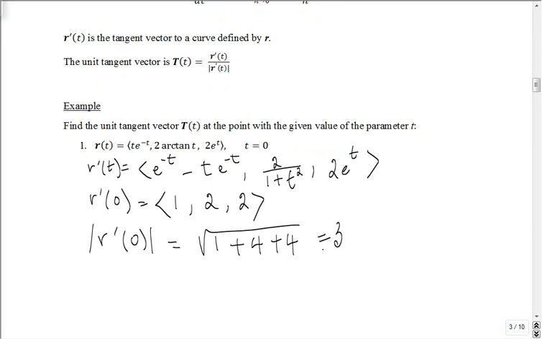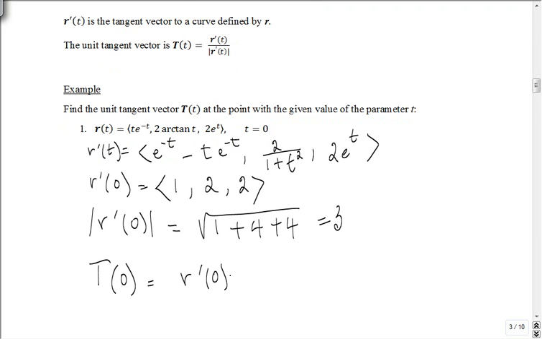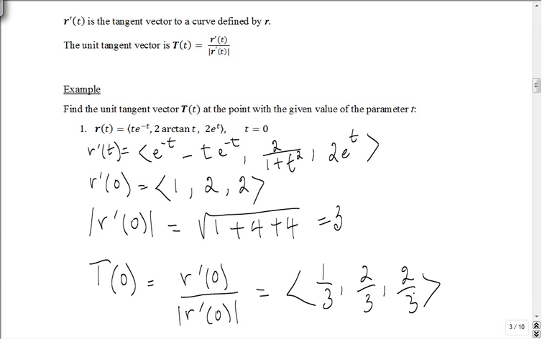And so we want the unit tangent vector, so we'll put T at 0, because we're looking at it at 0. So basically you are just dividing r prime of 0 by its length, which is the vector 1 over 3, 2 over 3, 2 over 3. That is the unit tangent vector.